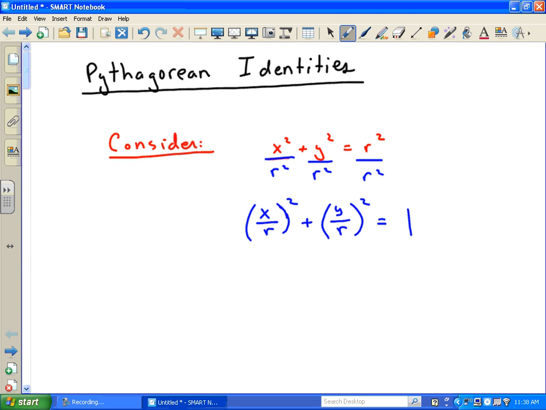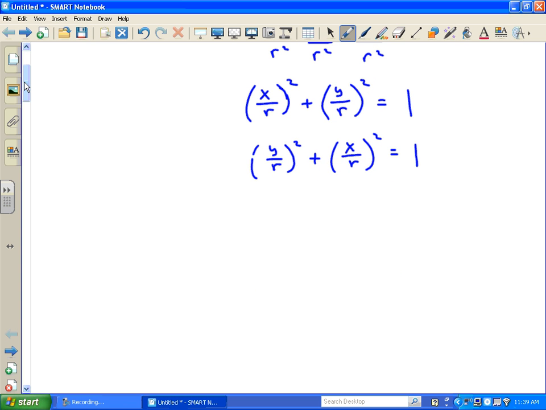Now, for the sake of the way that the formulas are written in the book, I'm going to interchange the first and the second term. I'm just going to rewrite them. Okay, we have y over r squared plus x over r squared equaling 1. Now, y over r and x over r ought to be familiar ratios based on trig functions.